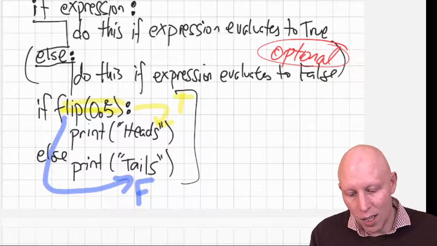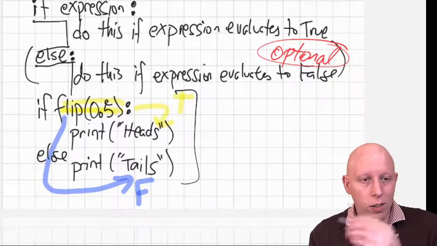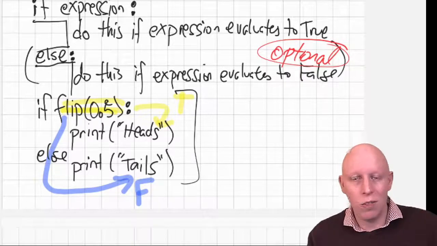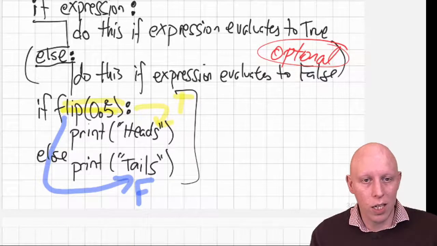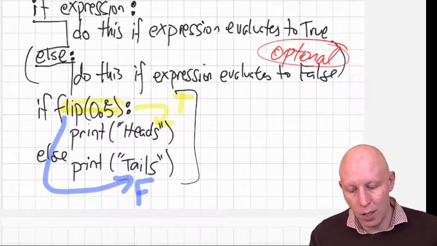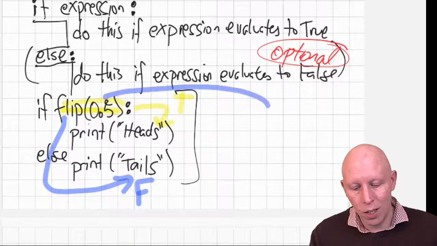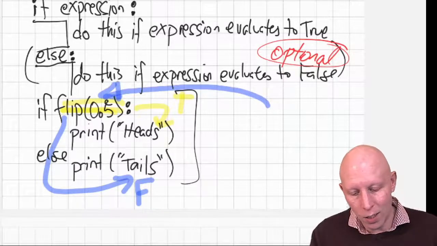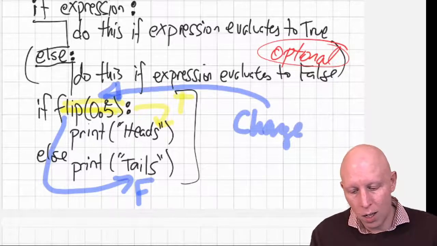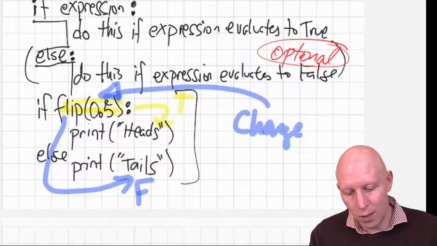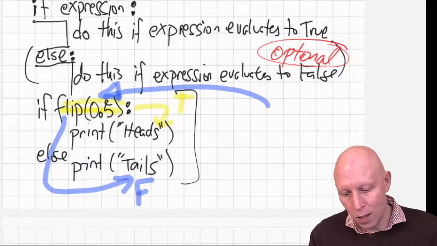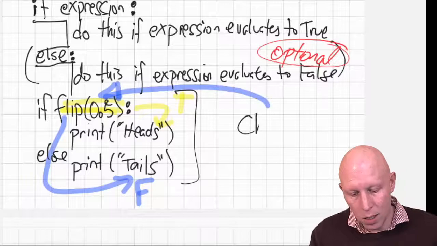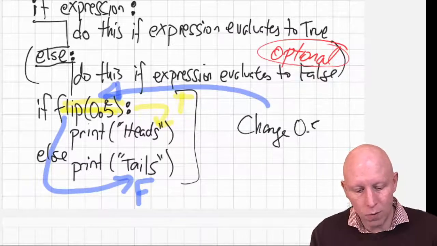And this allows us to model the flipping of a coin that lands 50% on heads and 50% on tails. If you change the 0.5, you can create a weighted die.